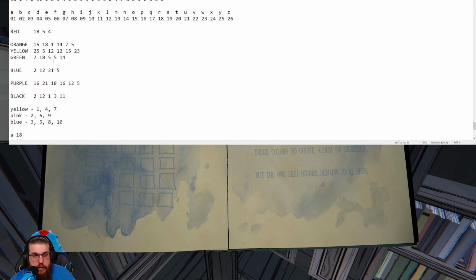Yeah, actually, might not be green. It might be red, blue, and black, because you can just scooch these two together. To get to 18, though, you're going to have a hard time.